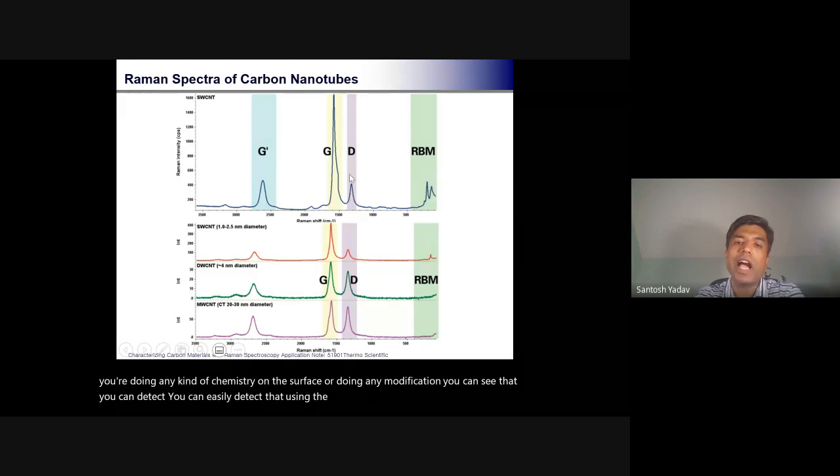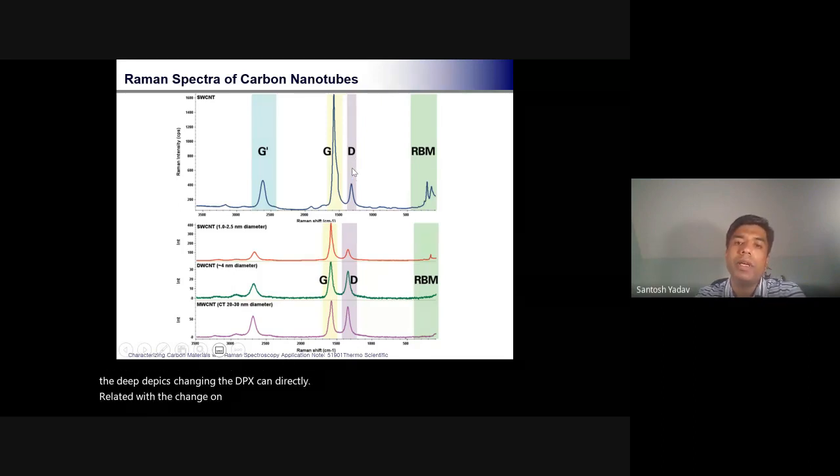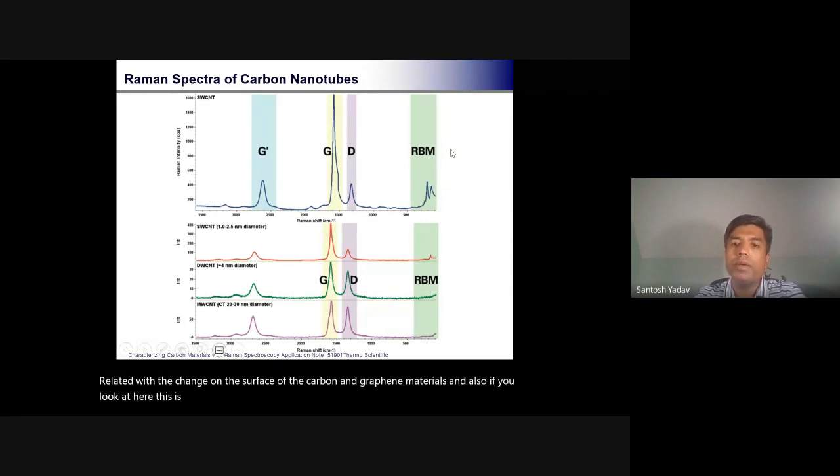You can see how the D peak changes, and the D peak can be directly correlated with the change on the surface of the carbon and graphene materials. Also, this is the radial breathing mode, RBM. This is very unique to single wall carbon nanotube.